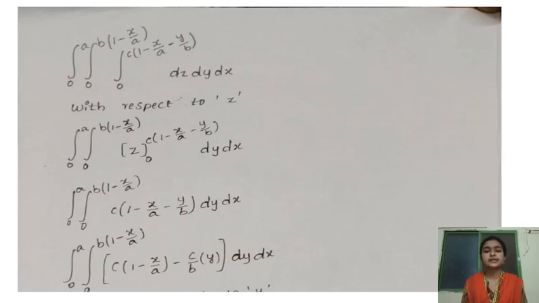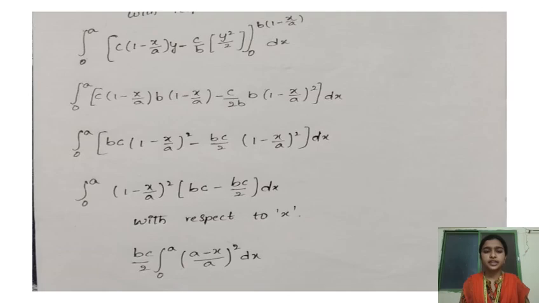Integration 0 to a, 0 to b into 1 minus x by a, of c into 1 minus x by a minus c by b into y dy. Integrate with respect to y.